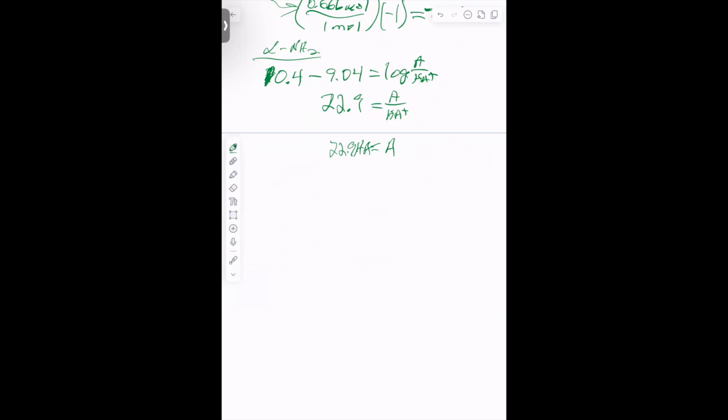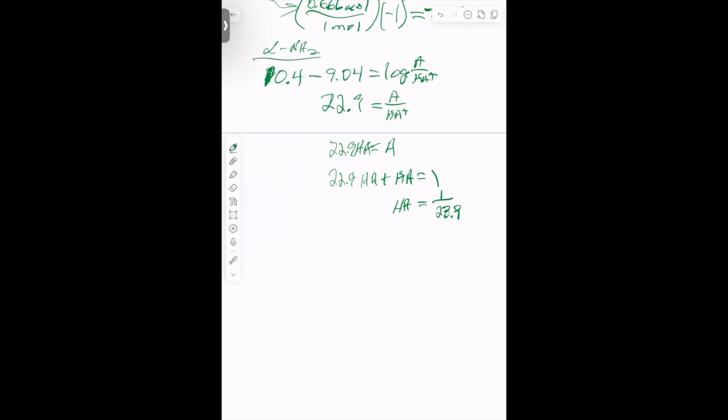And then I can say, okay, 22.9 HA plus HA is equal to 1. And so HA is equal to 1 over 23.9.